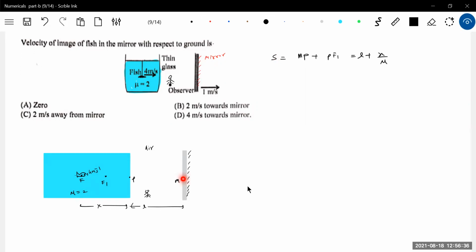And where does this mirror form its image? It will form its image here, f2. Call this y. So what is y? This should be s, no? sf1, call this y, better.